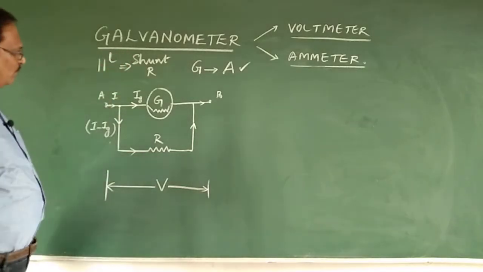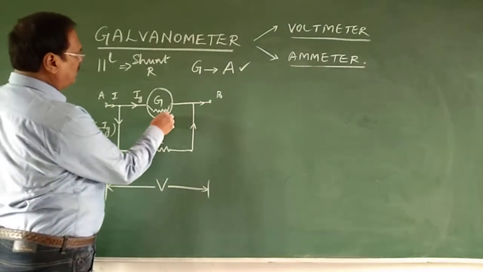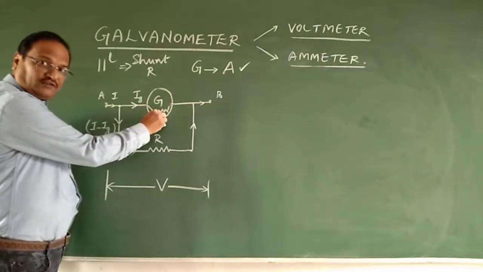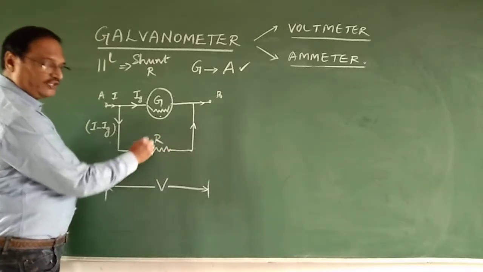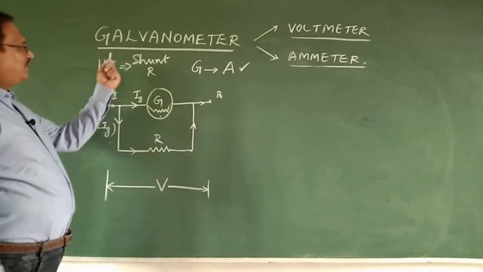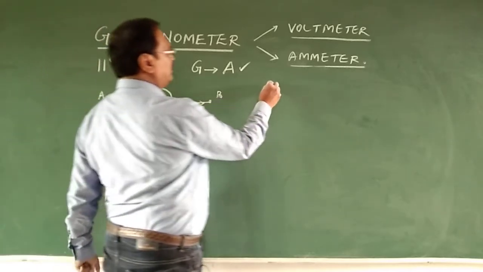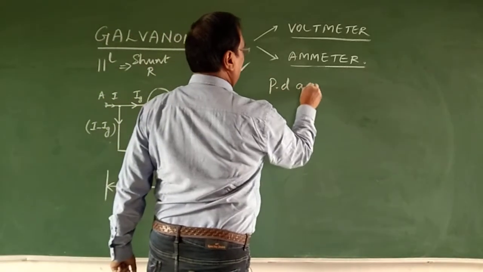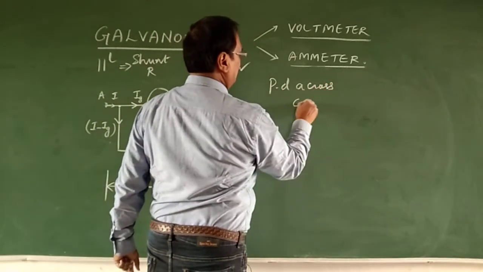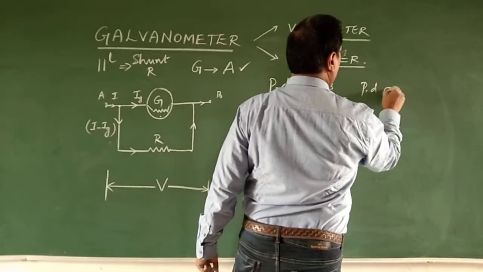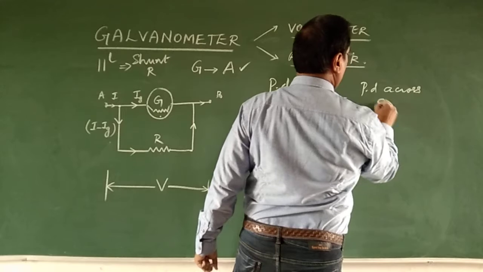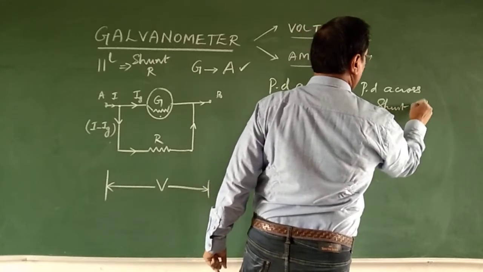So we will say the potential drop across the coil of the galvanometer should be equal to the potential drop across the shunt resistor. Let me write here: PD across the galvanometer coil is equal to PD across the shunt resistor.